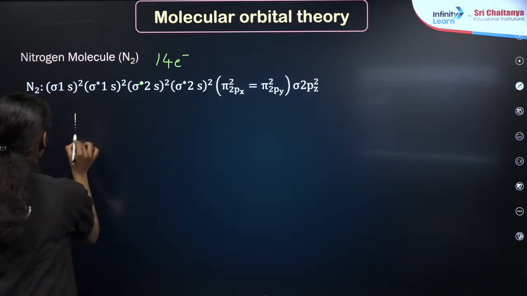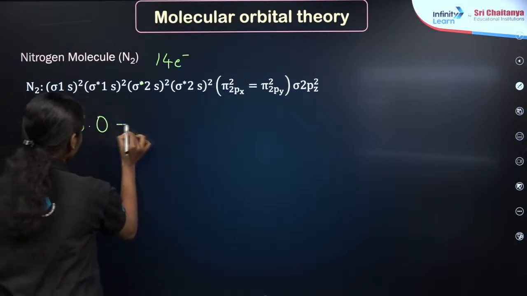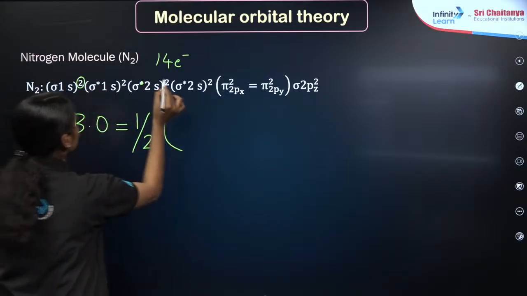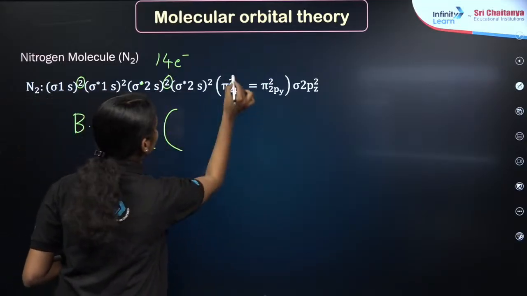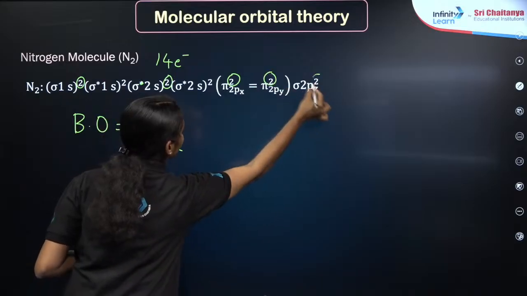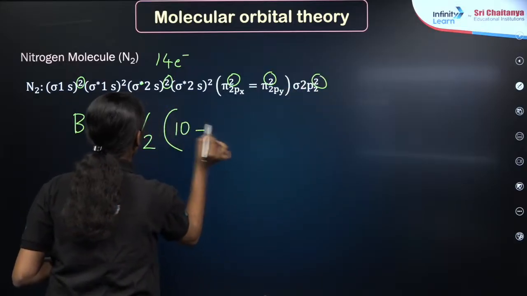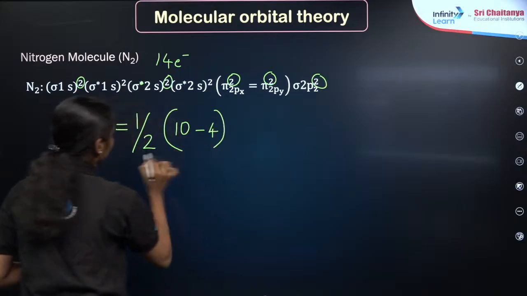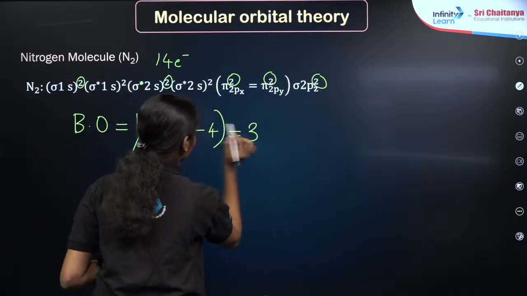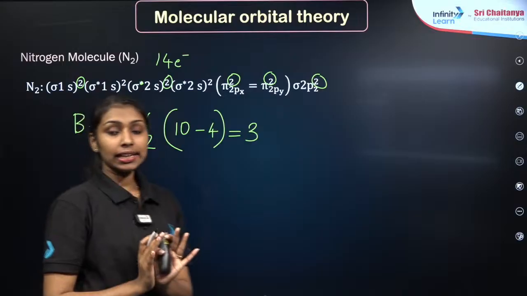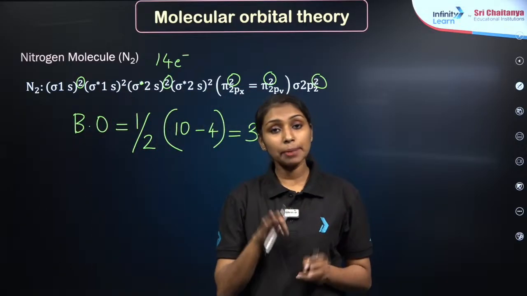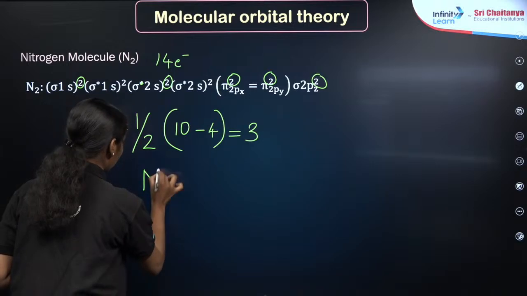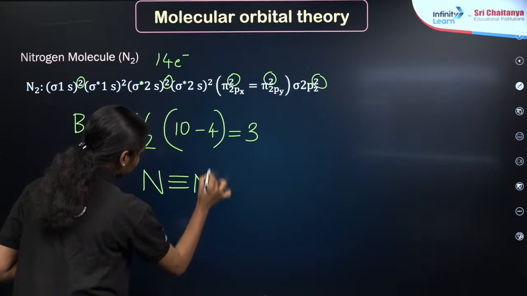Then find out the bond order, half into... bond order is 3, right? Which means that in the N2 molecule, 3 bonds are formed between the nitrogen atoms, resulting in the formation of an N triple bond N, right?